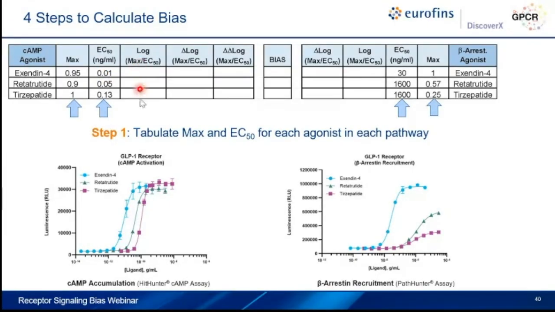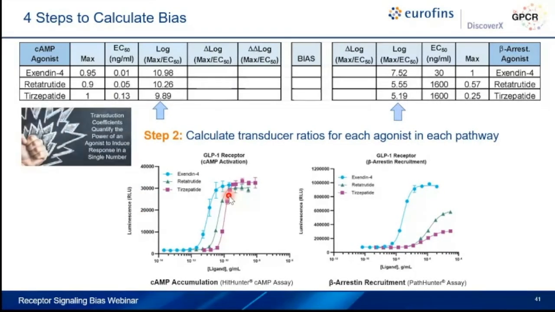Step 2 is we calculate what is called the transducer ratio. You simply work out log of maximal response divided by the EC50.